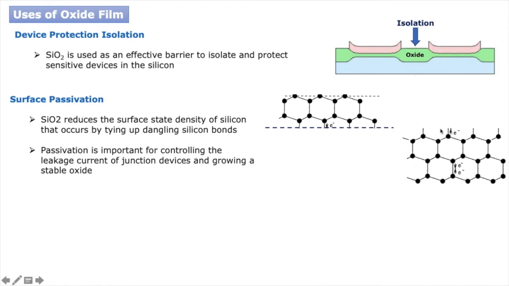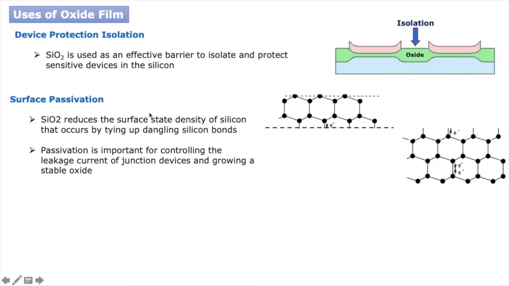Now when you grow oxide on top of it, these dangling bonds have to be saturated, otherwise you are going to have some excess charges at the interface, which will create problems in device performance.